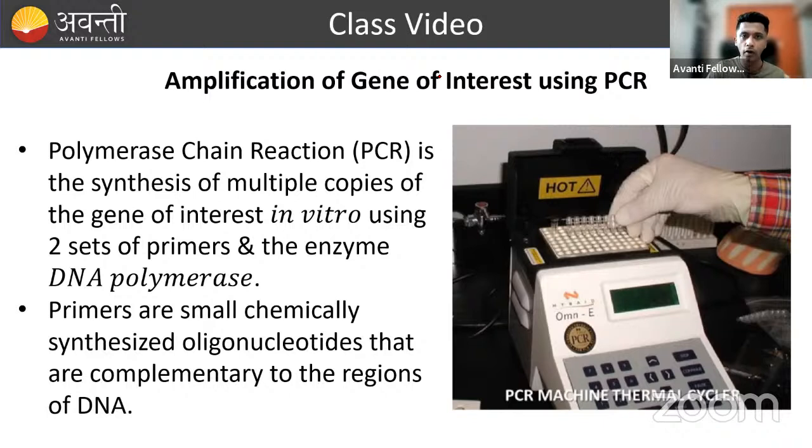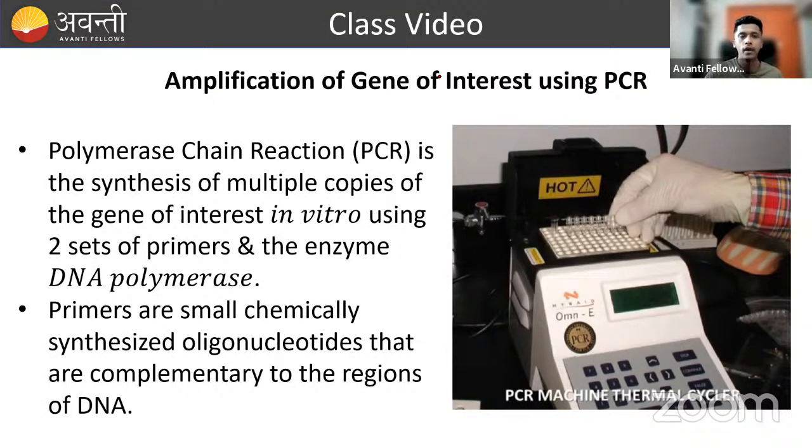So we'll try to talk about PCR, polymerase chain reaction, which is a very, very important tool in today's molecular biology. Why? Because PCR enables us to even catch criminals who are very smart. Let me give you an example.